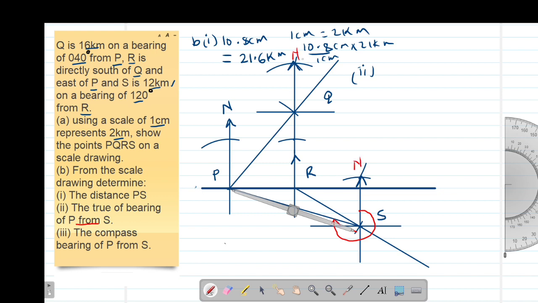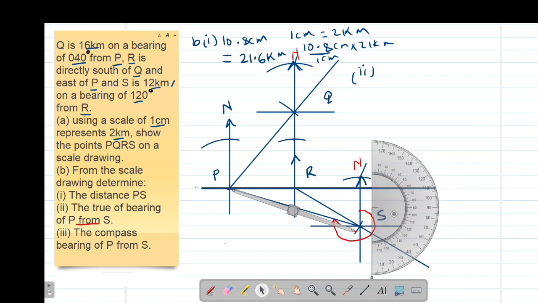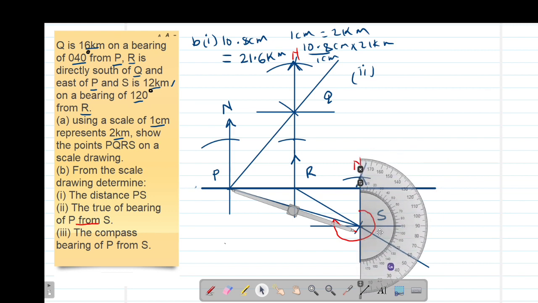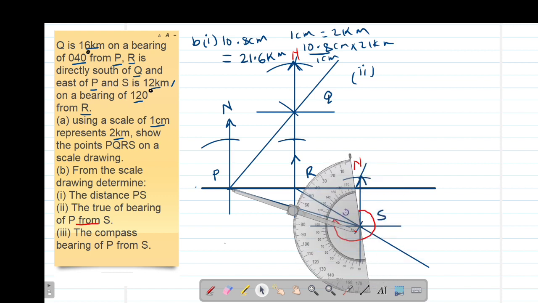This is north. So in order for us to measure this angle, I'm going to use my protractor. Of course we know this one is already 180. So the angle of interest is the one that is remaining on this other side.